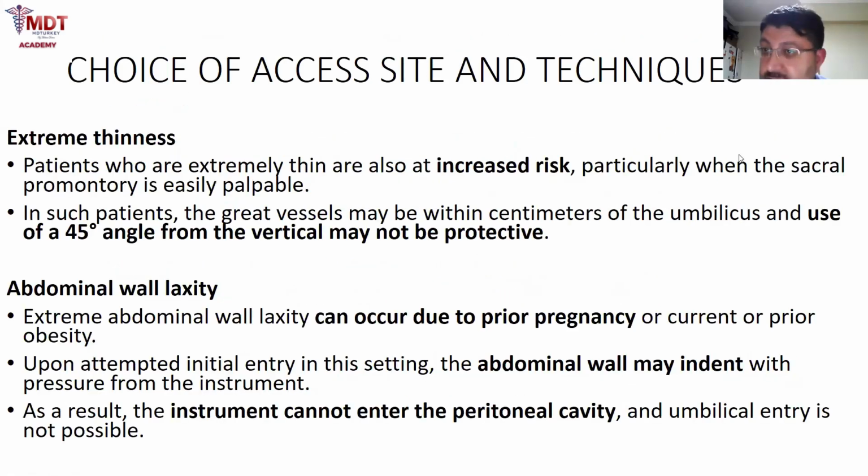And of course, a patient can be very thin, and in this situation there is an increased risk of injury, especially major vascular injury, and the use of a 45-degree angle from the vertical may not be protective, so we have to be very careful in these thin patients.